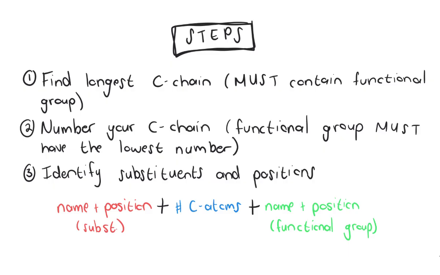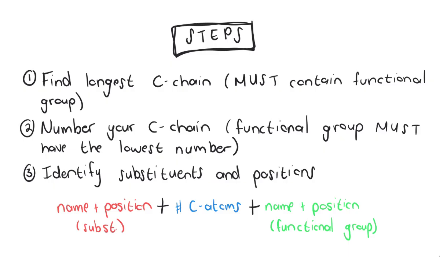And then you input your stem and then your suffix. But remember, your suffix shouldn't only put the type of homologous series, it should also indicate the position of your functional group as well. Remember, if you write this name, a person anywhere in the world should be able to look at that name and draw the molecule. So it has to have all the information. That's why I have all these rules. Okay, so that's how it works.